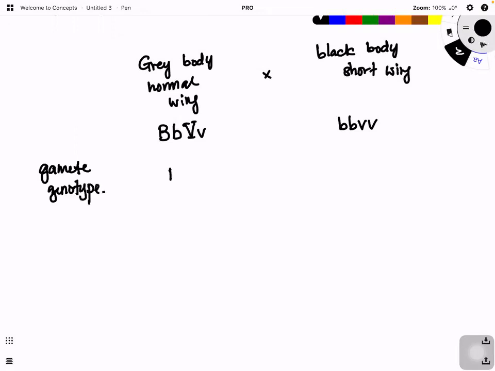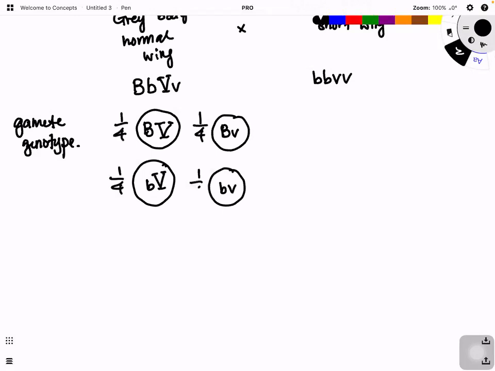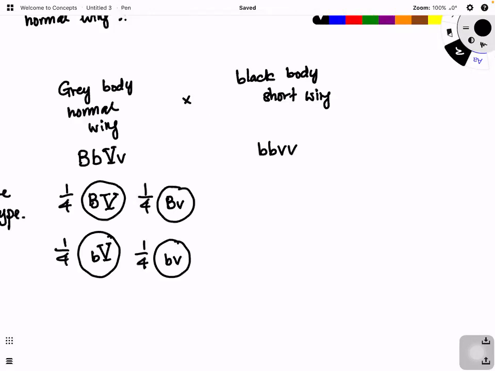I will have big B, big V together. I will have big B, small v together. I'm going to have small b, big V together. And I'm going to have small b, small v together. So a chance of 1/4 each of them. And for this black body short wing, all of the gametes will have small b, small v.